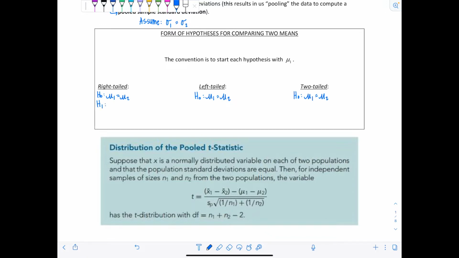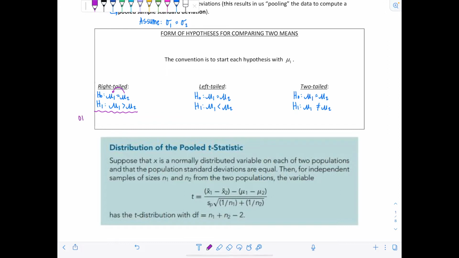For a right-tailed test, we would have mu1 is greater than mu2. For left-tailed, we would have mu1 is less than mu2. And then two-tailed, can you guess? Mu1 does not equal mu2. Good. Now, another way that you'll see this written out is rearranging and moving mu2 over to the other side of the equation or inequality.